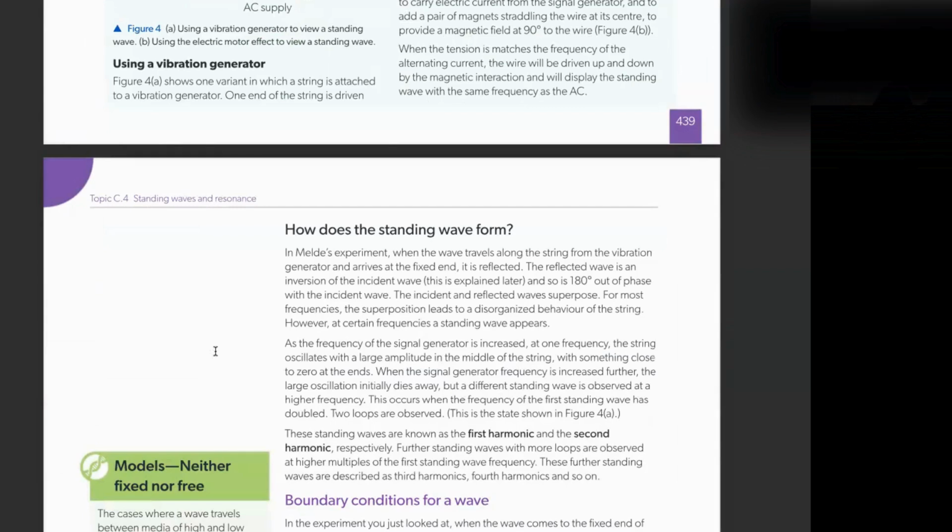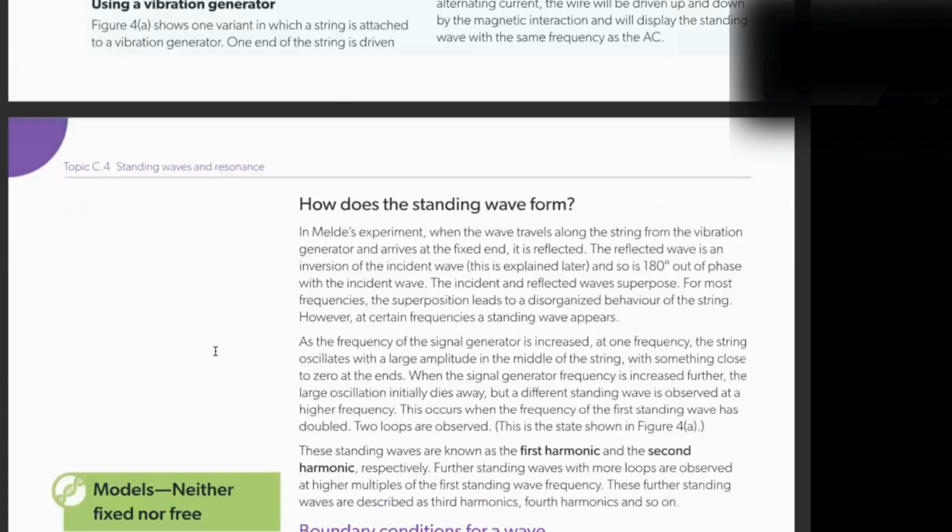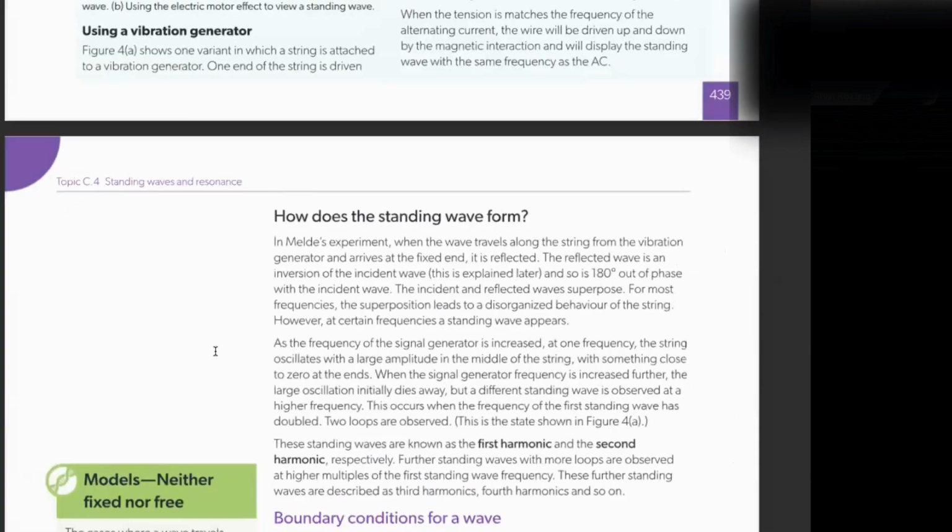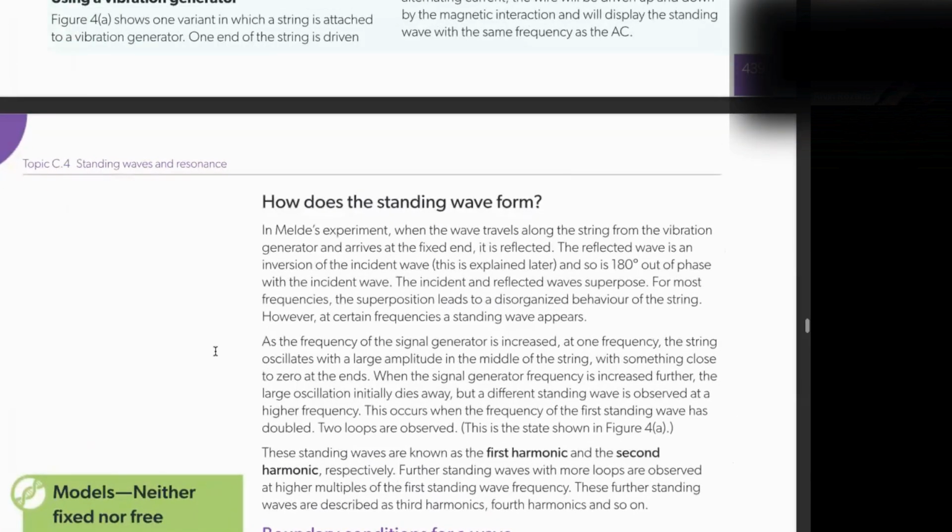What is second harmonic? All those things you need to memorize now. First of all, I told you in a simple case how a standing wave can be formed. That is by reflection, and there's a phase difference of 180°, and that is how the standing wave is formed.